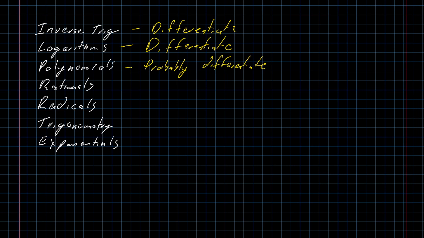Rationals and radicals, I think, kind of fall under the same sort of category. For rationals or radicals, well, differentiating is going to make things worse, but we may not be able to integrate.